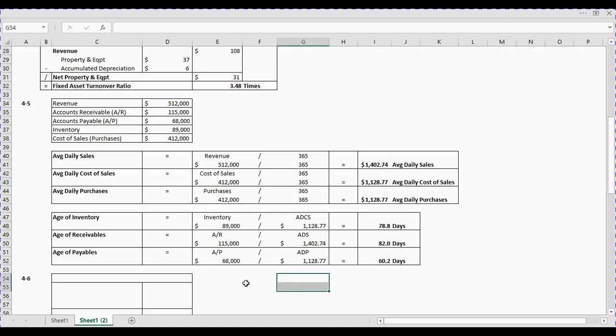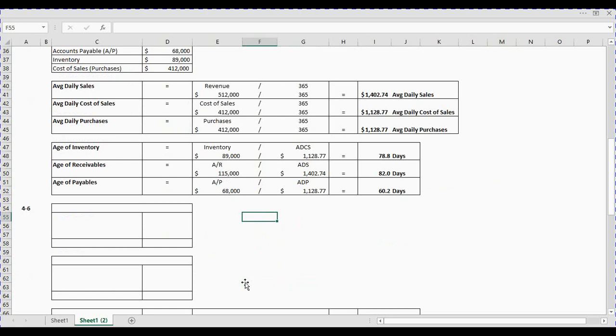So in any case, we have this information here. Now we're going to start looking at that in relationship to some of our balance sheet information. So kind of what I was talking about here, these average daily purchases, I showed an example where I might be purchasing a lot more than I'm selling, and that would show up here in the age of the inventory.